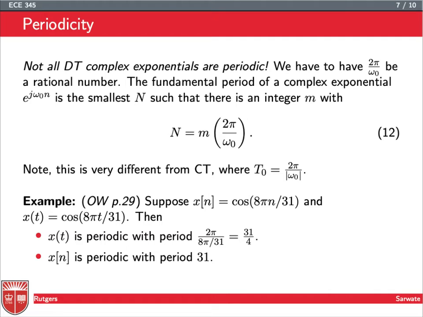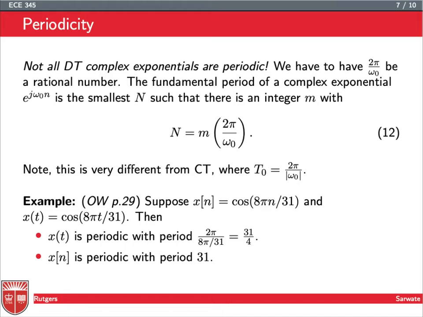But if we do have that, then the fundamental period is the smallest capital N such that there's an integer m where we have this N is equal to m times 2 pi over omega naught. And this is, again, let's just re-emphasize, very different from continuous time. So there's an example in the book by Oppenheim and Willsky, which I'm excerpting here.